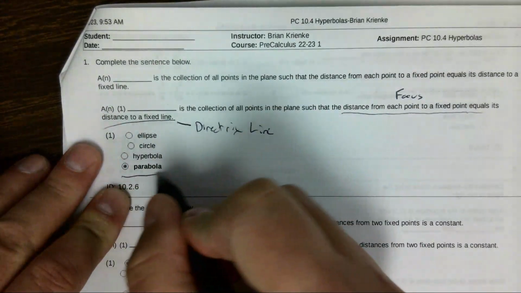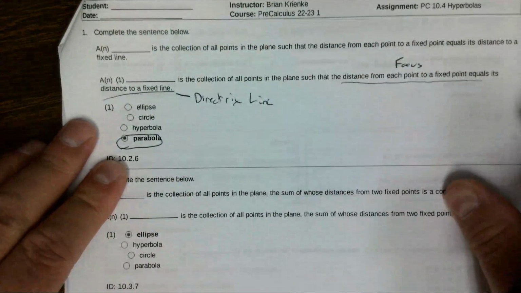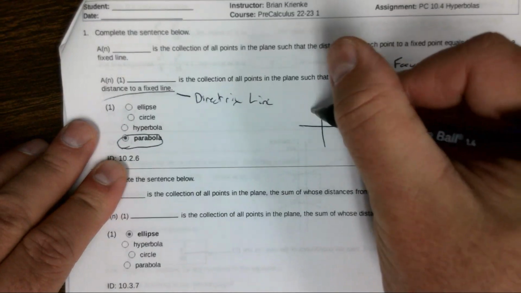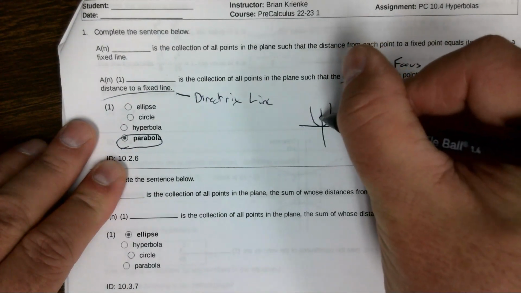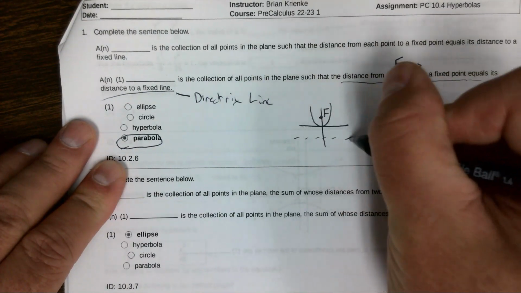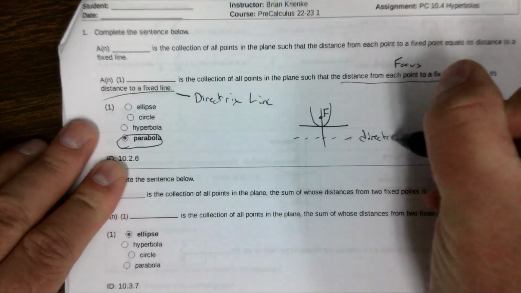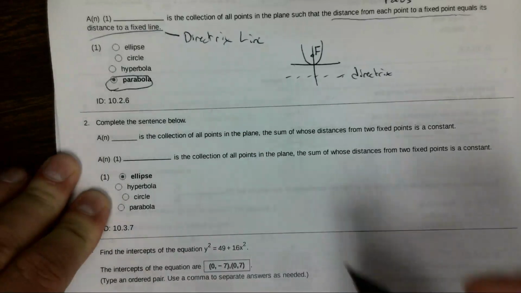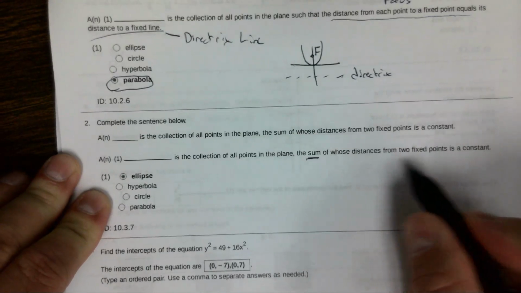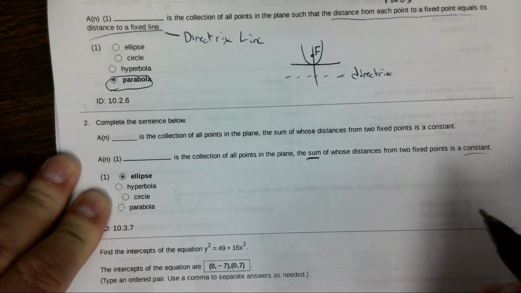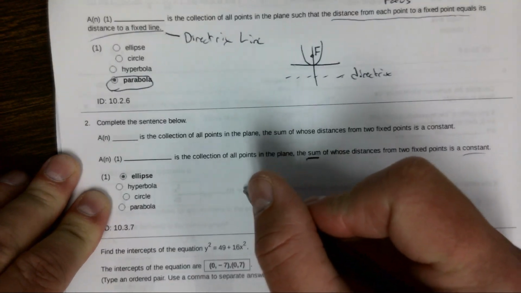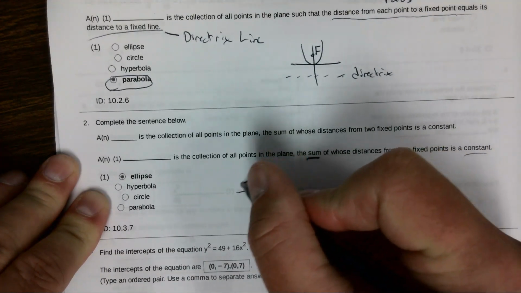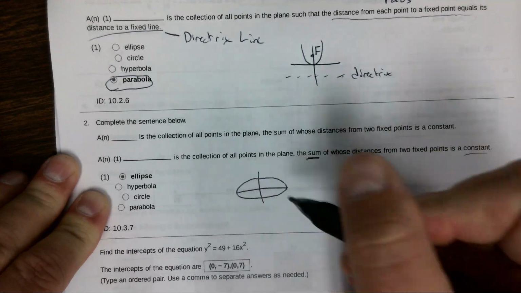And so that's the parabola. And on this one, if it says sum of two fixed points is constant, that would be like the ellipse, which is kind of like a track.